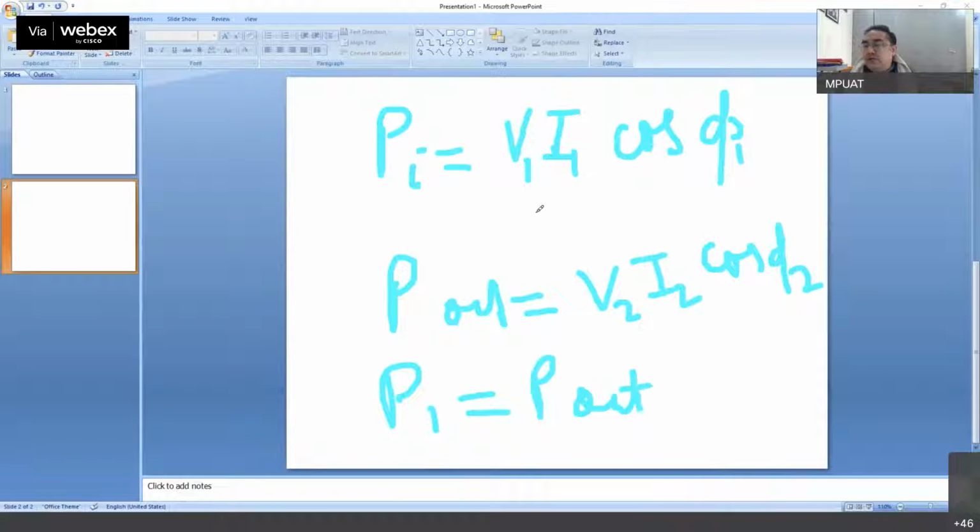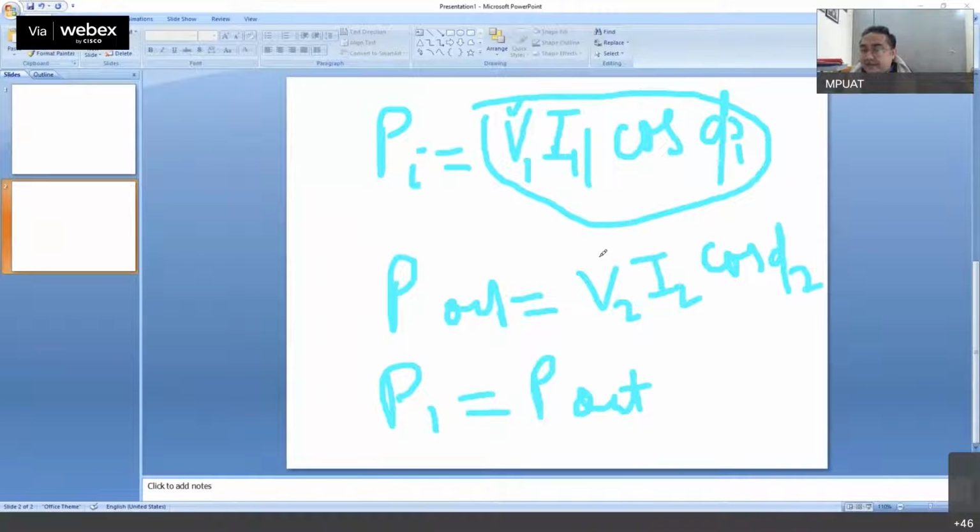So if I equate these two equations, what I will get is V1 I1 cos phi 1 is equal to V2 I2 cos phi 2. So this value should be the same, but I can increase V and thereby decrease I, or I can decrease V and thereby increase I2 so that P in is equal to P out remains the same. So that's how the voltage and current change.